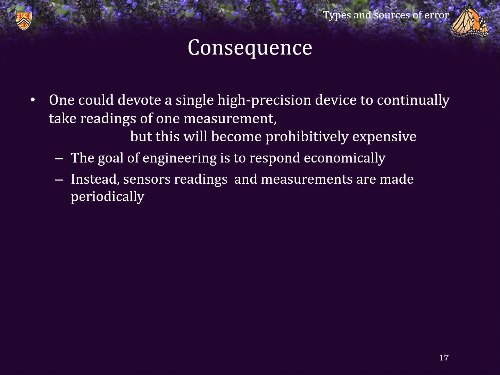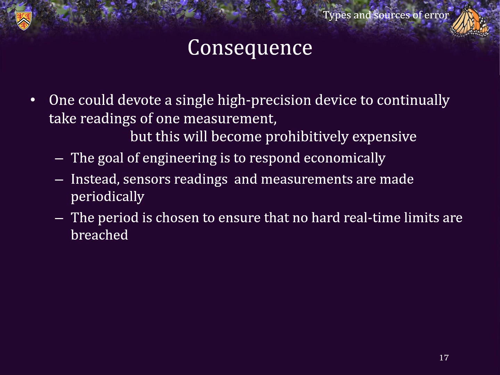Consequently, sensor readings are made periodically and not continually. The period, as you will learn in your later courses, is chosen to ensure that no hard real-time limits are breached.